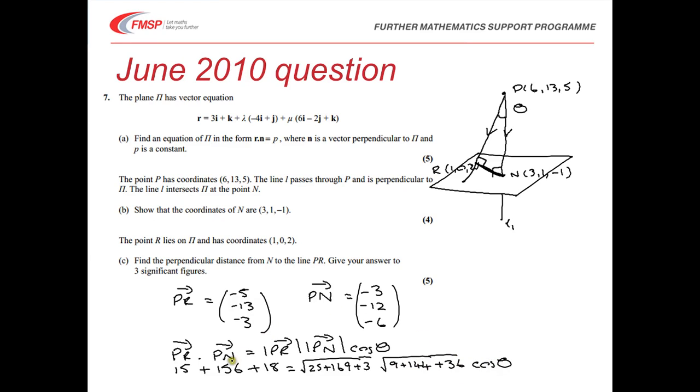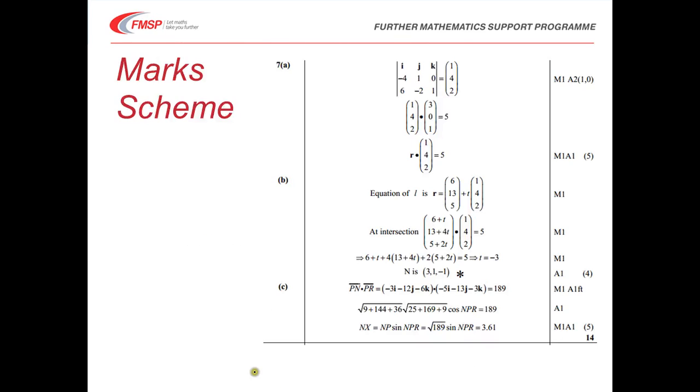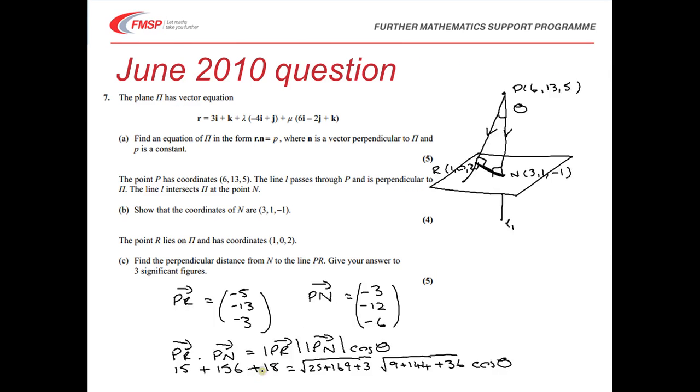Okay, so here then we've got 189. This is the square root of this number here, the square root of 189, and here we have the square root of 197 cos theta.